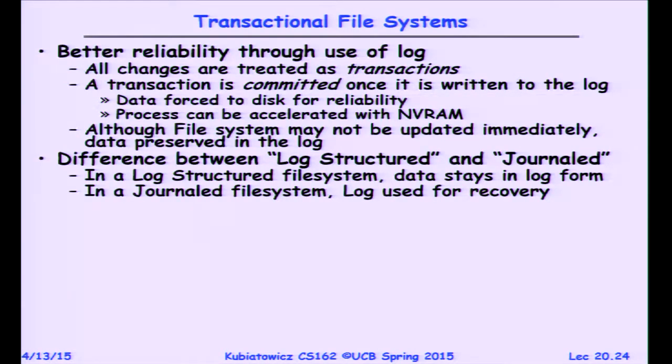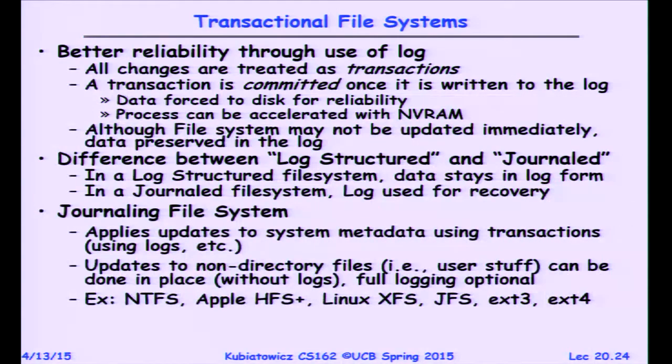A journaled file system essentially does what I said, puts all the data in the log, but then transfers it from the log back to the normal file system. So the journal is really there for reliability purposes, not for the final storage. Okay? And by the way, there's lots of journal file systems out there: NTFS, Apple HFS+, Linux XFS, JFS, ext3, ext4.